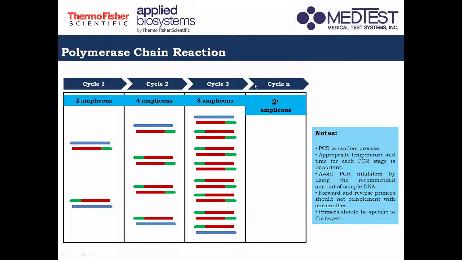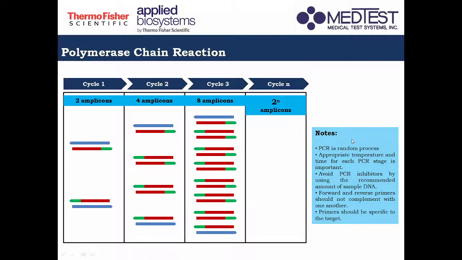At the end of the cycle 3 naman, you would end up with 8 amplicons. So it doubles every time you incorporate another cycle in the PCR step until such time that you would end up with a lot of copies of your DNA.